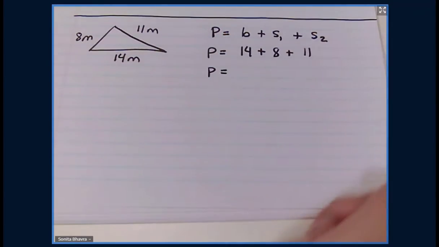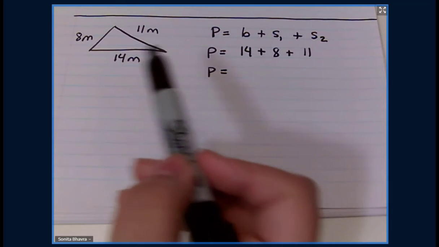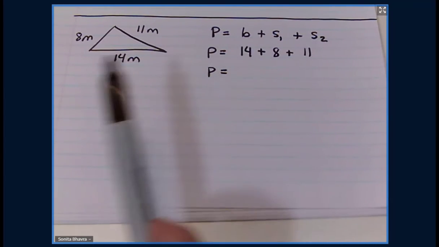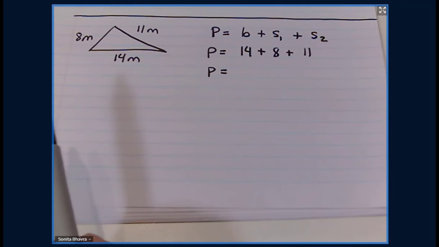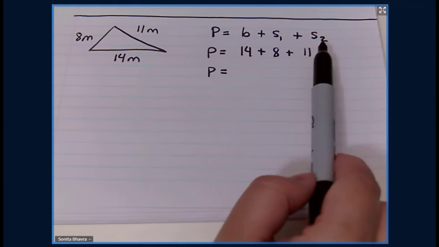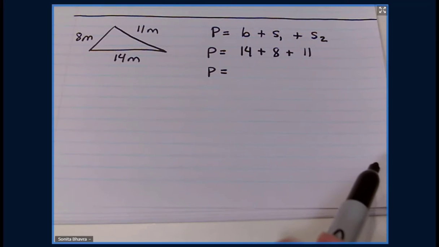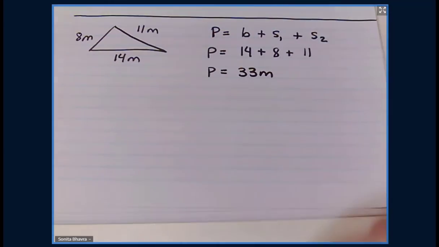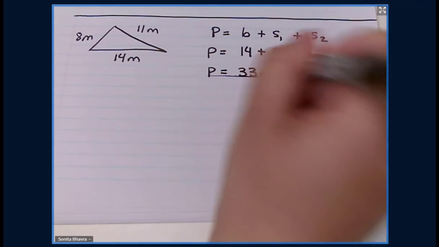So in this one, it's really just adding up all 3 sides. Just remember that when we go on into other formulas, the B represents base, the S continues to represent sides. So 14 plus 8 plus 11, that gives me 33 meters for the triangle.